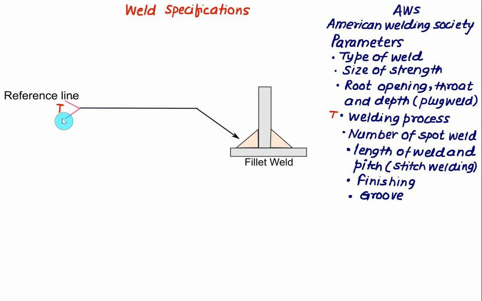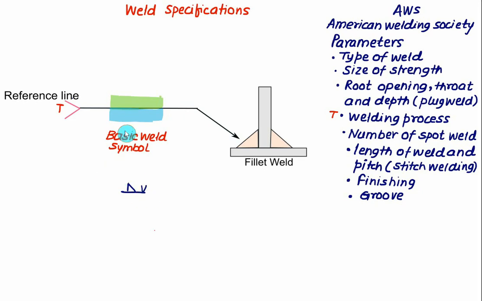If you want to specify what type of process, then you have to represent here the arrow and show here what type of welding process we are using. Above and below you have to represent here the basic weld symbols and detail reference. That is, in the case of lap joint, you have to show on this arrow a lap. If it is the V, then you have to show the V. Likewise, the symbols are used on the top and bottom.